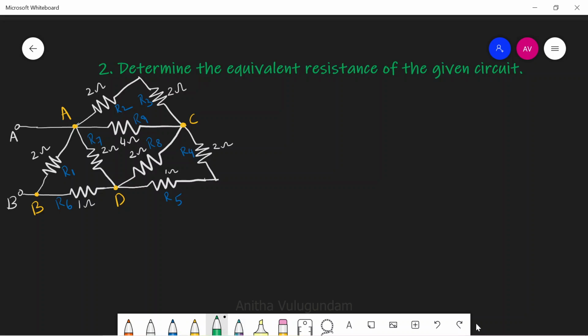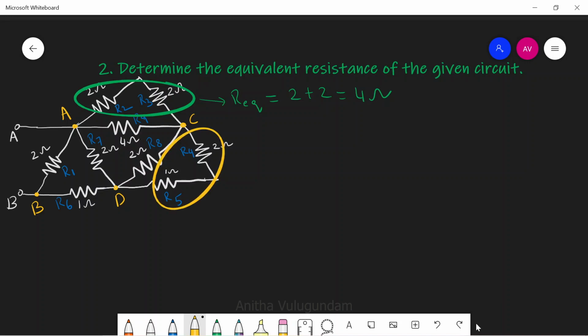Now notice that here R2 and R3 resistors are in series. We can write equivalent resistance equal to 2 plus 2, that equals 4 ohms. And also identify here R4 and R5 resistances are in series.